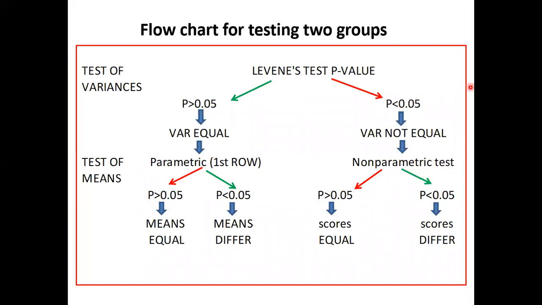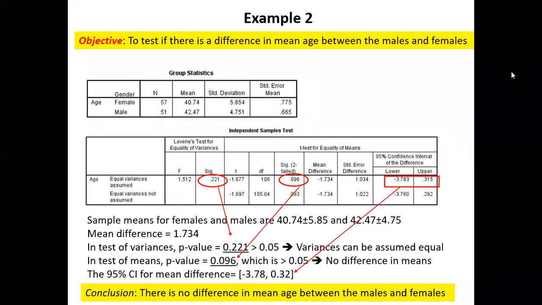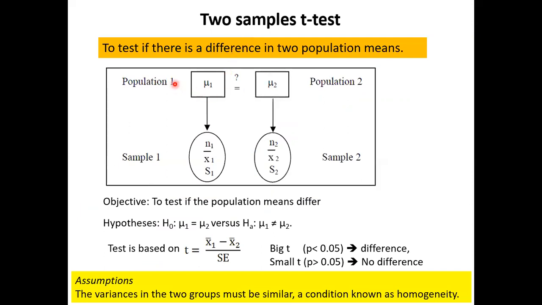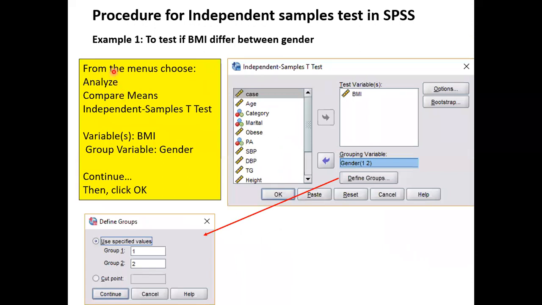So back to our example. Example 1, to test if the mean BMI differs between gender. The variable of interest is BMI, population 1 male, population 2 female. We want to know whether these two are similar. So you follow the instruction. BMI goes there.